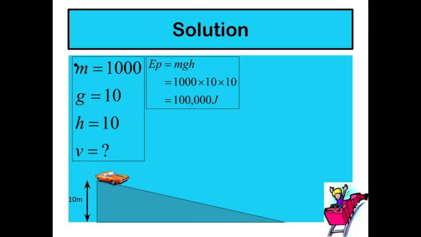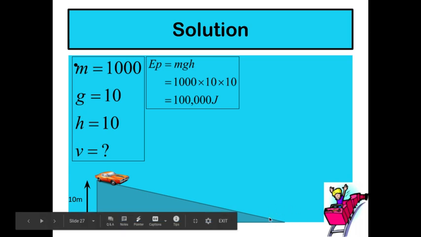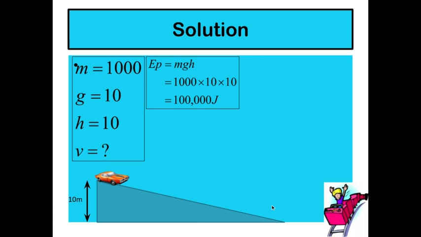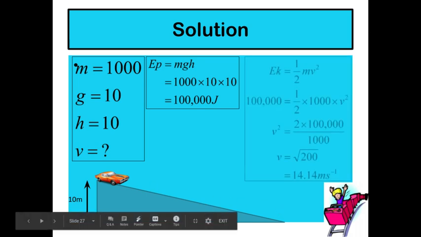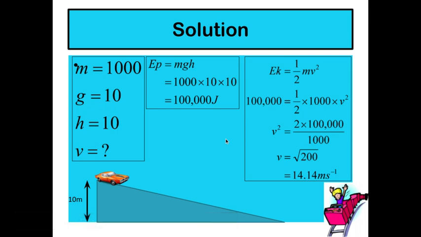But the conservation of energy tells us that the potential energy here equals the kinetic energy at the bottom. And we can use that little key to open up how to do the velocity, okay? So the potential energy here equals kinetic energy here. And that allows us to use EK equals a half mv squared, where our EK is our EP value, 100,000, equals a half times 1,000, which is our mass, times v squared.